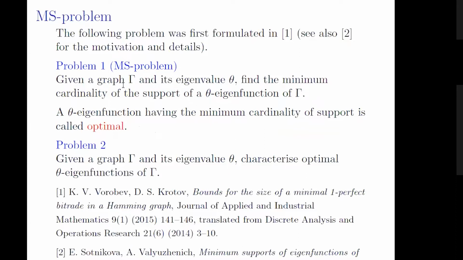Problem one, called the MS problem: given a graph gamma and its eigenvalue theta, find the minimum cardinality of the support of a theta eigenfunction of gamma. The abbreviation MS means minimum support. A theta eigenfunction having the minimum cardinality of support is called optimal.